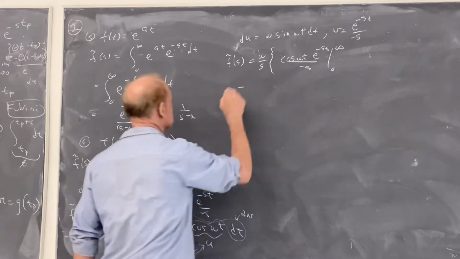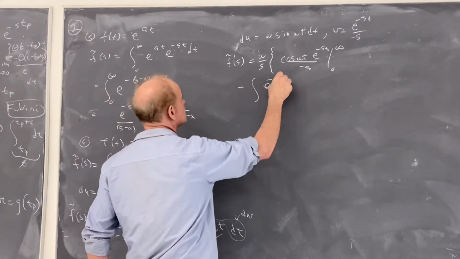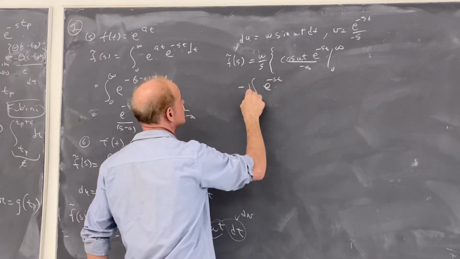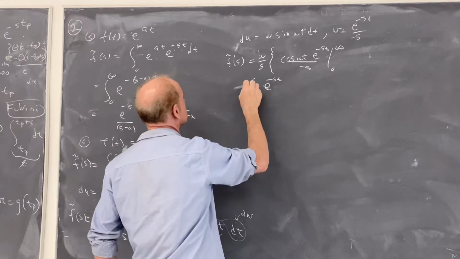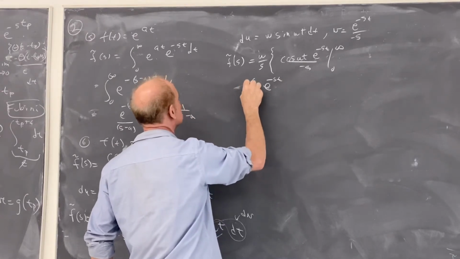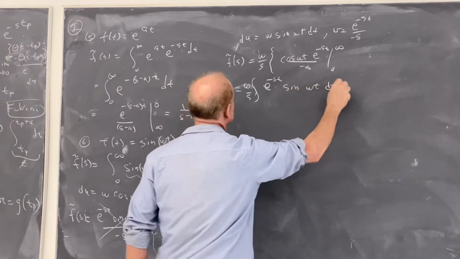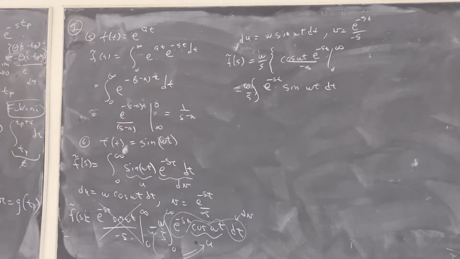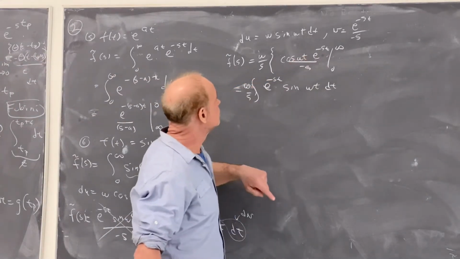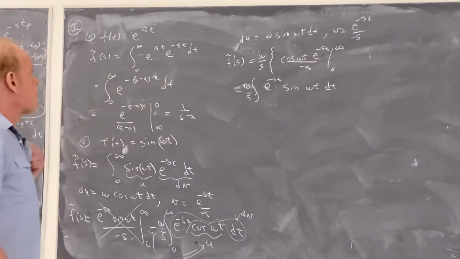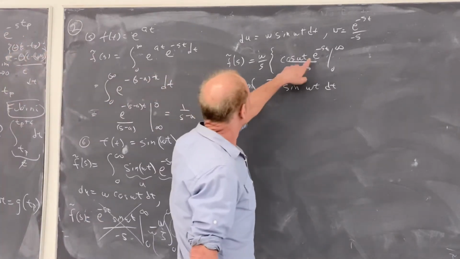So minus the integral of e to the minus st over s, the minus is cancelled, times omega sine omega t. And let's see what this thing is. At infinity, this is 0. And what happens at 0? At 0, this is 1.